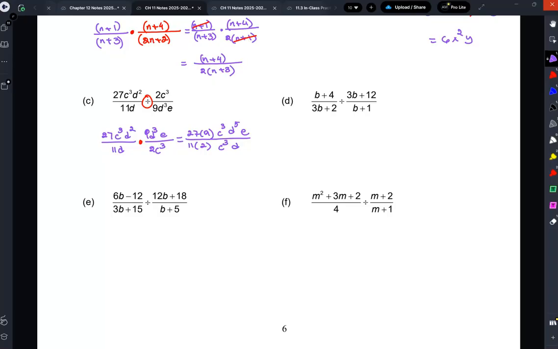So look at the coefficients. 27, 9, 11, 2. What reduces? Nothing. Nothing reduces. And that's okay, right? The c's cancel. And the d's, one of them goes away, right? So here, let's see.